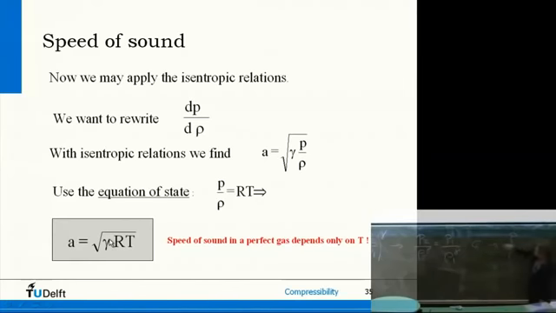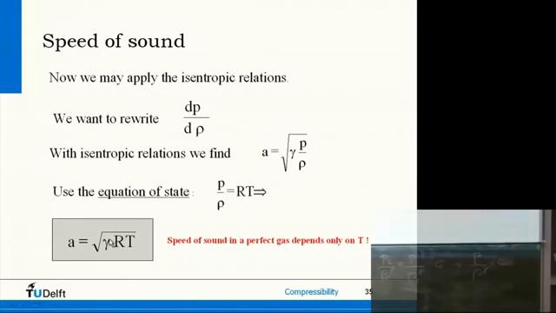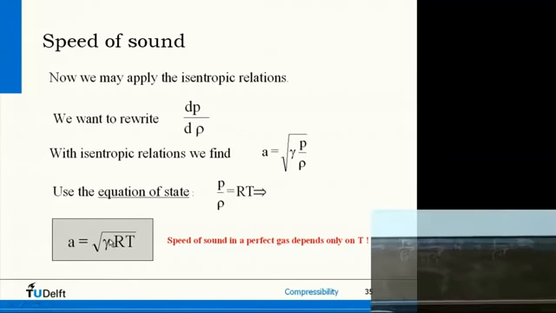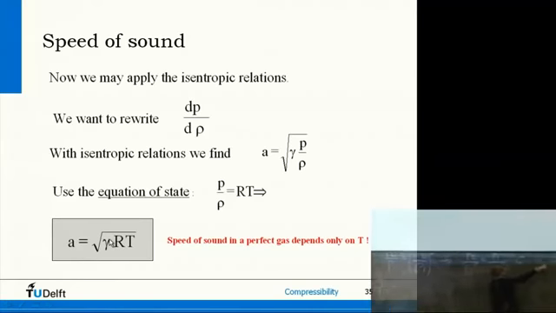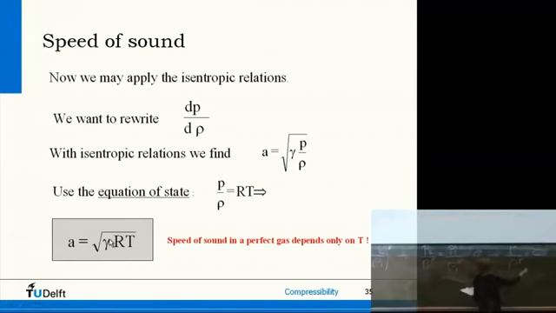Now I can take the dP over d rho, which I have in my speed of sound. So it's the derivative with respect to rho of P. From the isentropic flow relations, I find that P is some constant C times rho to the power gamma.